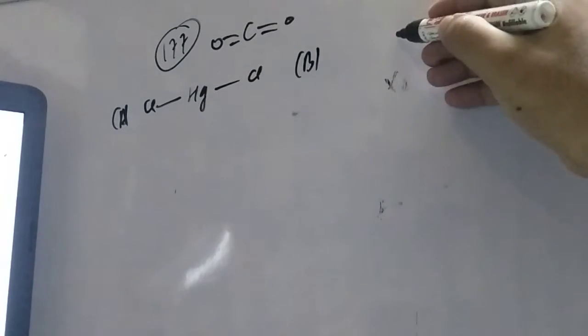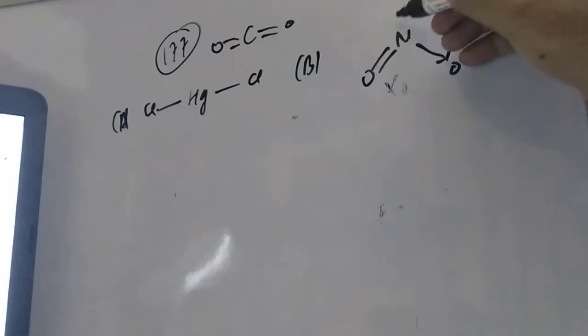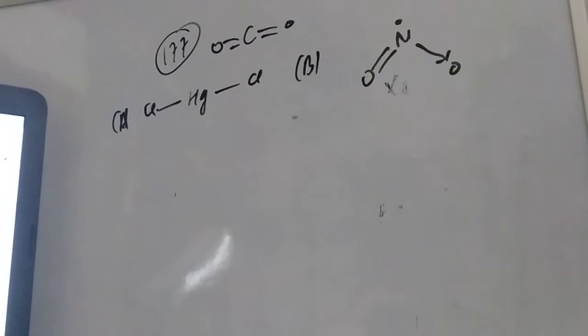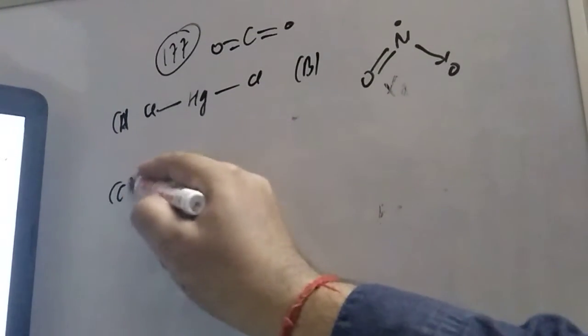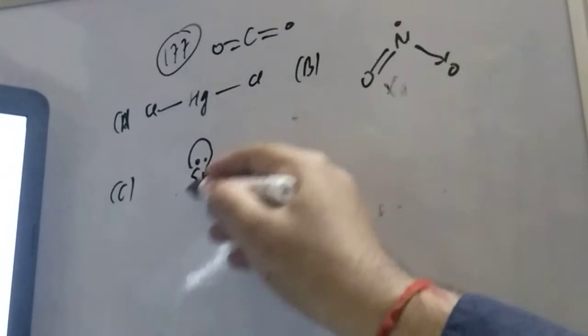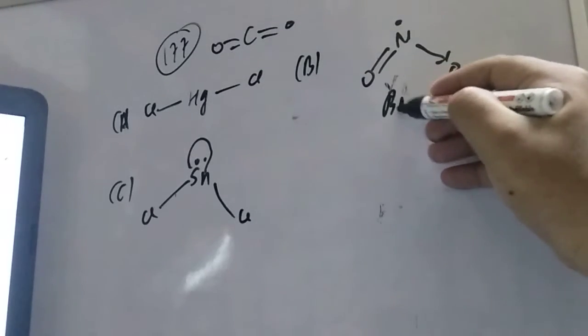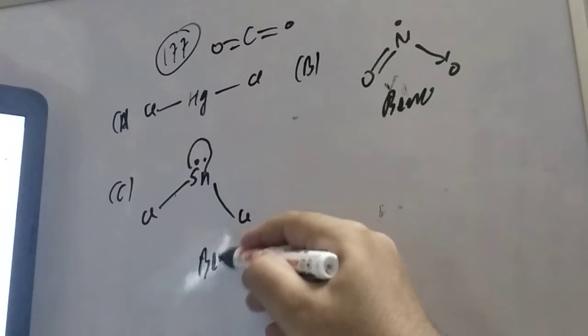This is A, and if you talk about B, student, B has a bent shape because of the one lone pair electron. And if you talk about C, student, SnCl2, it also has a lone pair, group number 14. So here is Cl, so it is also bent shape, but we need linear.